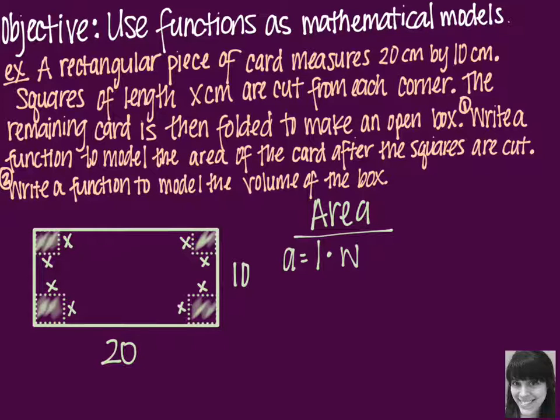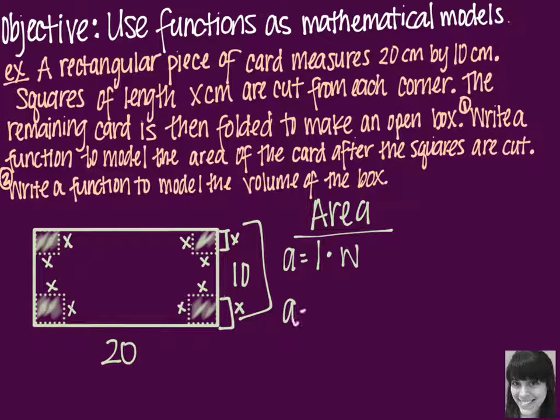Now, if I'm looking at this side right here, after I take out the x's, what is that length going to be? Well, this is 1 x, and this is another x. So how many x's am I taking away from 10? I'm taking away 2 x's.